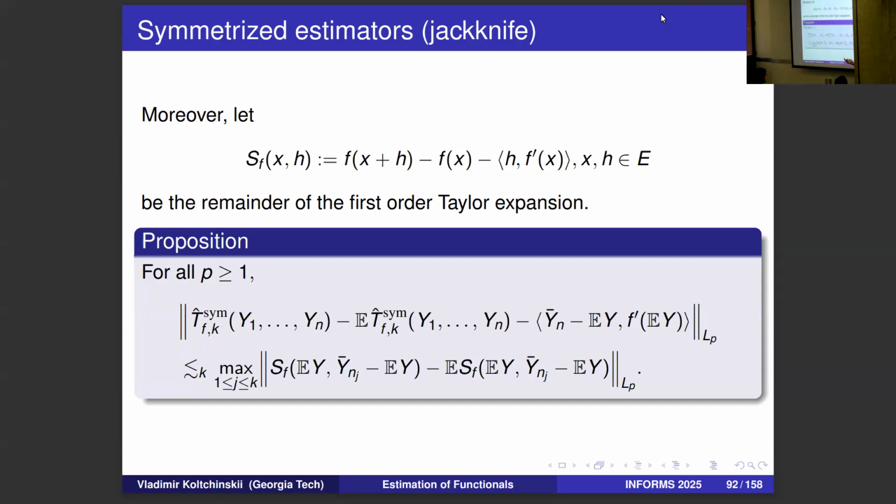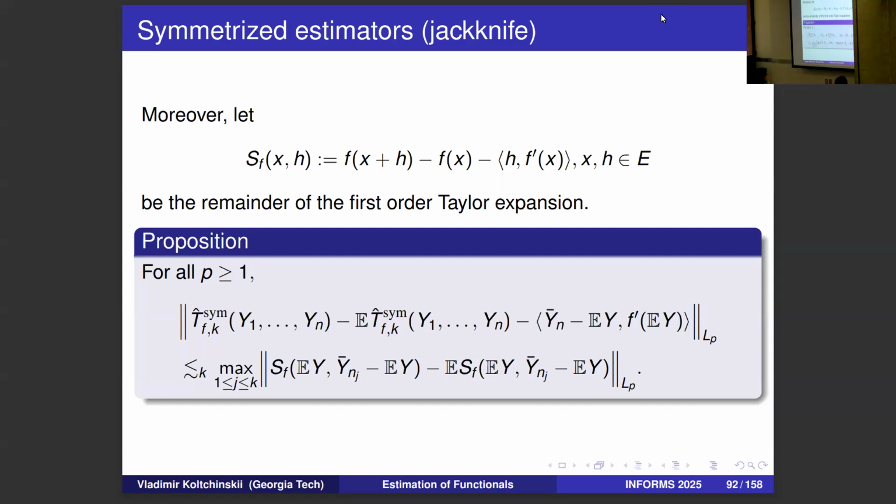It will be a smaller thing, and you will get here something of the order, say, 1 over square root of n, and here something which will be small o of 1 over square root of n, so it will allow you to justify normal approximation, okay?